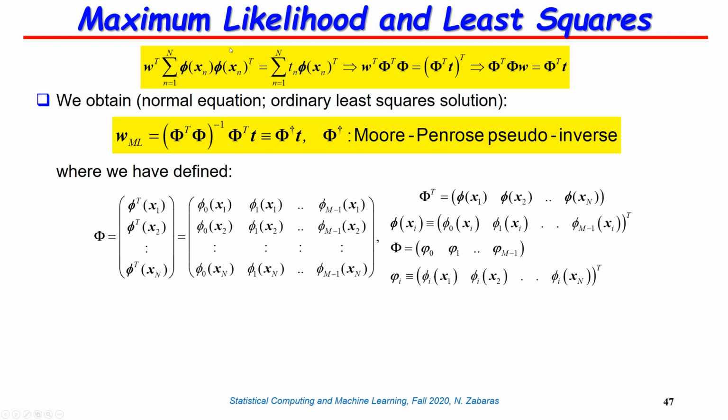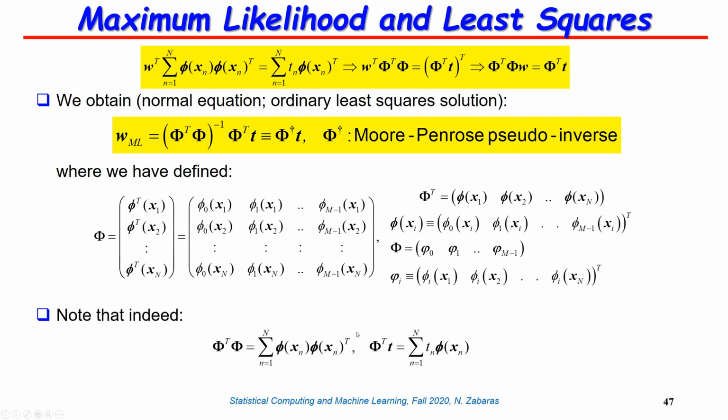So if you take the equation that is derived by maximizing the log likelihood, you can convince yourselves that this summation over n of phi phi transpose is nothing else but capital phi transpose times phi. And you can similarly see that the summation of Tn phi of xn is nothing else but phi transpose t.